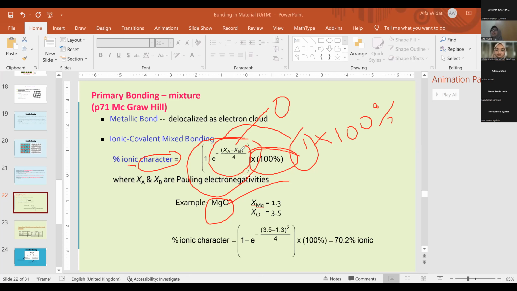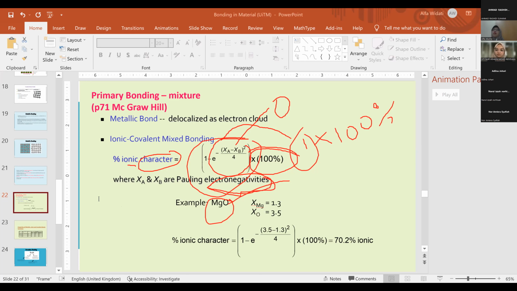How about the 0? 0 means that the electronegativity is 0. It is impossible to be 0. Why? Because the atom has a value of electronegativity.